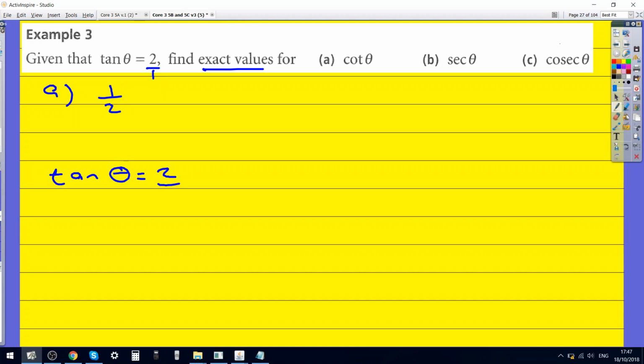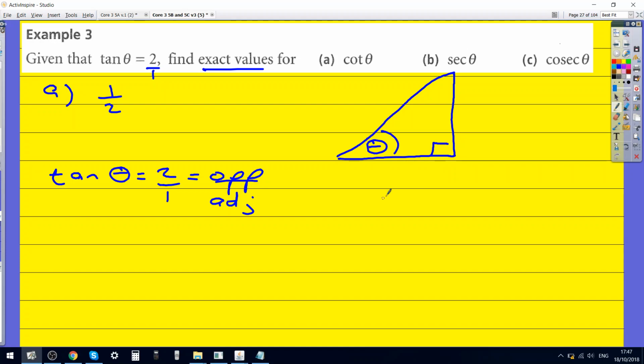Opposite over adjacent. What type of triangle is that for? Right angle. Yep. So I'm just going to pick this one down here to be theta. The opposite is 2. The adjacent is 1. What's the hypotenuse? And then use that to get secant and cosec.